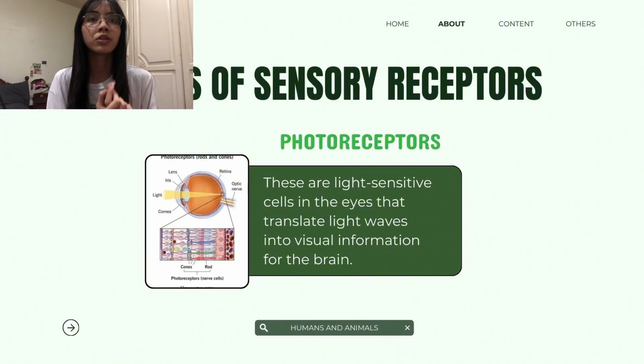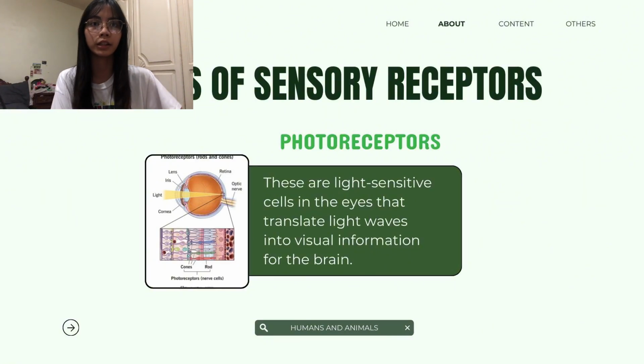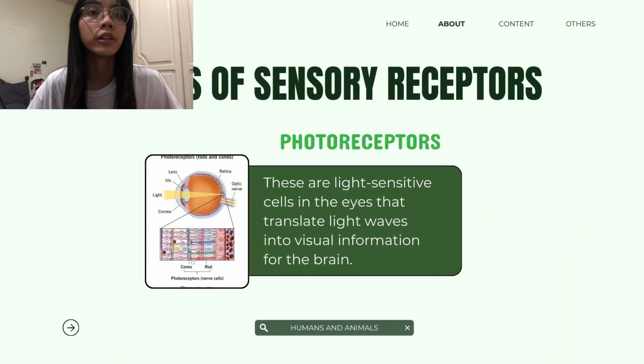So it is located in our eyes, especially in the retina, and without photoreceptors, our vision would be impossible. There are two main types of photoreceptors. Those are rods and cones.